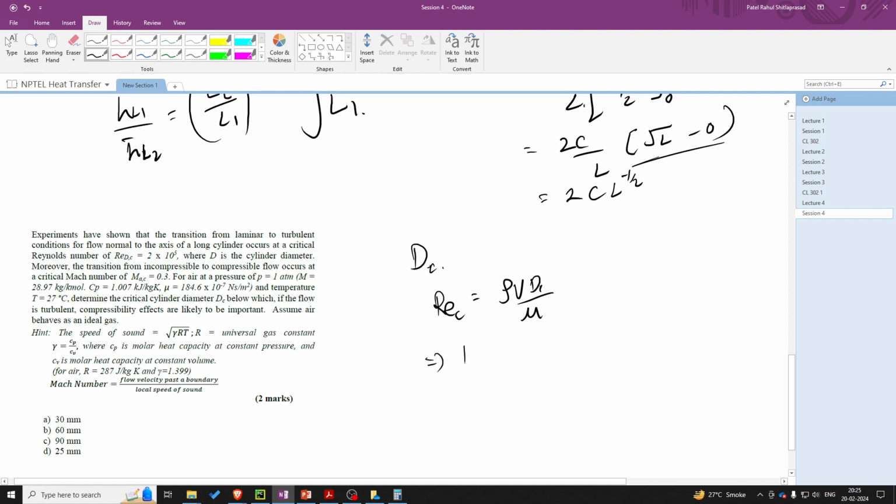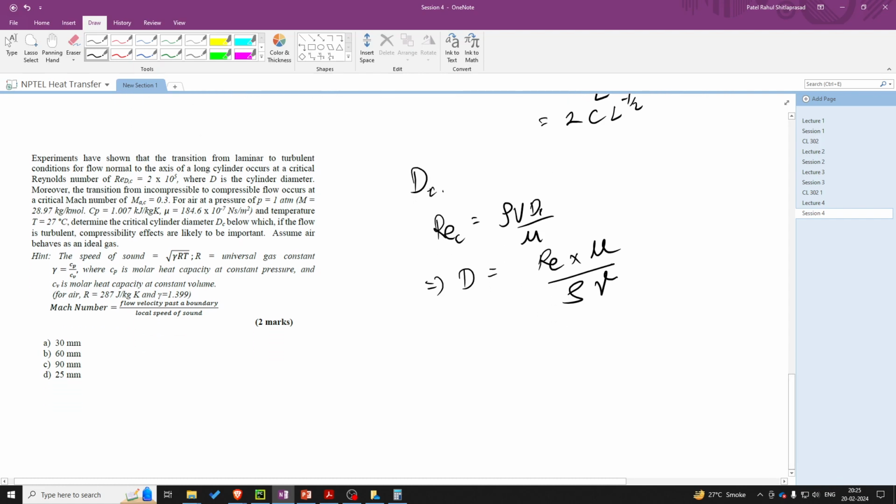So from that we can get the diameter as Reynolds number into mu upon rho into velocity. Reynolds number we have to use 2 into 10 raised to 5.